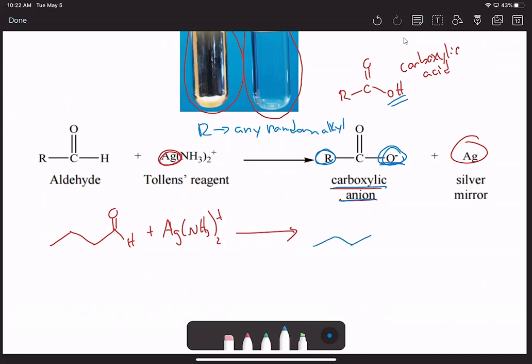It doesn't turn into a carboxylic acid, right? When we oxidize an aldehyde, we get a carboxylic acid. When we use this mild oxidizing agent, Tollens reagent, we're testing for aldehydes, and what we get is a carboxylic anion, plus we're going to get some silver as a solid.